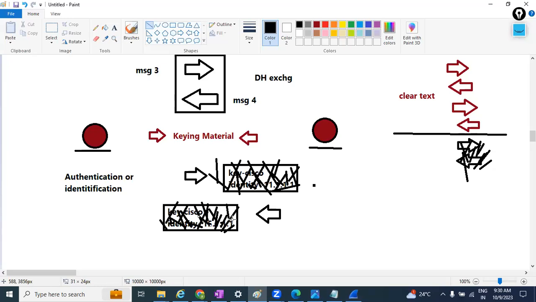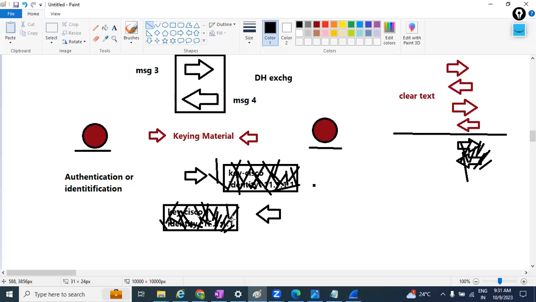Okay. Authenticated for how long? Depends on phase one. If phase one is enabled for 24 hours, authentication is valid for how many hours? 24. If the lifetime of your first phase is 20 hours, 10 hours, or whatever, the authentication validity is equal to the lifetime of phase one. Keying material lifetime is equal to the lifetime of phase one. Because in phase one, what are we doing actually?